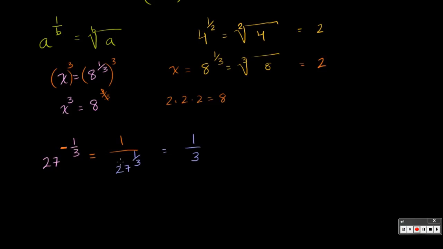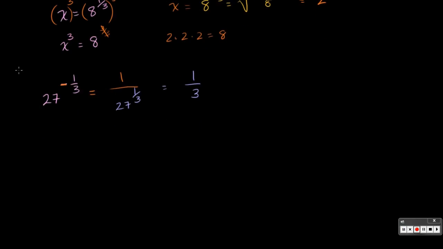Not too bad. Now I'm going to take it even to another level. Make it even more confusing, even more daunting. Now let me do something interesting. What is 8 to the 2/3 power?